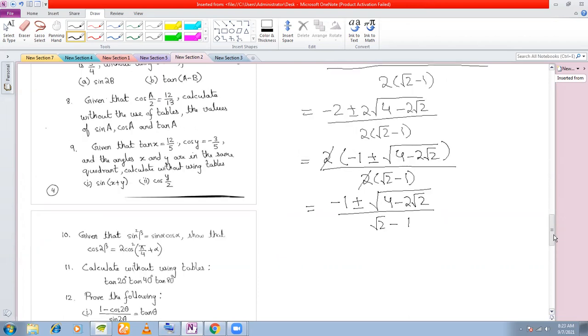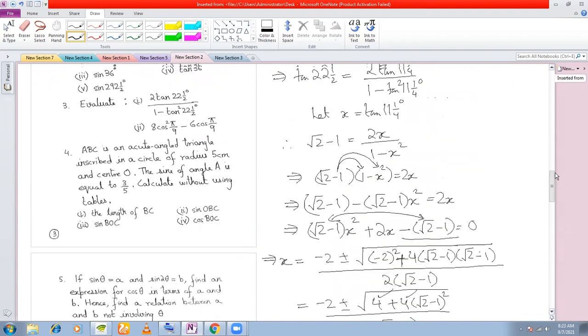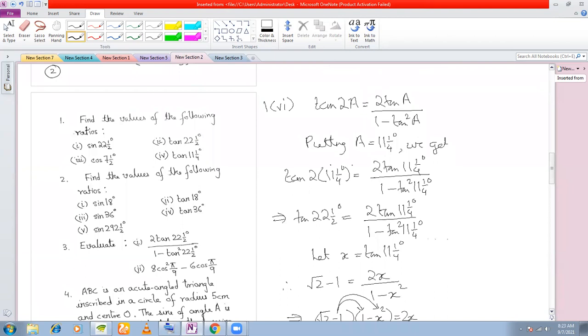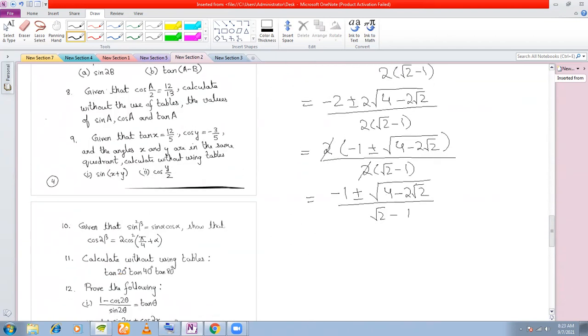Now if you see tan 22 and a half, tan 11 1/4, this angle here is an acute angle. Therefore tan 11 1/4 must be greater than 0. It must be positive, right? So which sign should I choose here? You must choose the positive sign, right? Because only if we choose a positive sign, we'll get the value of this as positive.